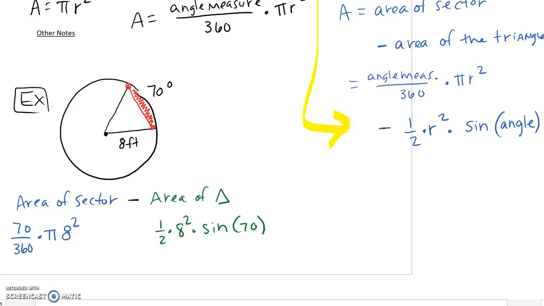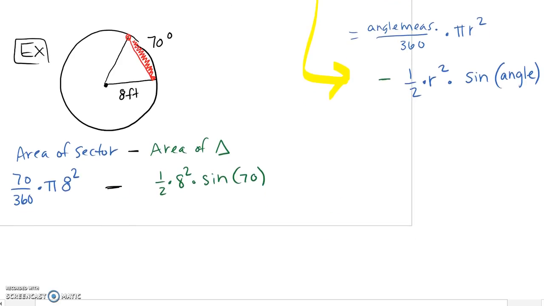I'm going to type it into my calculator exactly like that. So I have a big long mess to type into my calculator. So 70 divided by 360 times pi times 8 squared minus 1/2 times 8 squared times sine of 70. And I get, it's approximately 9.025, and this is in square feet.